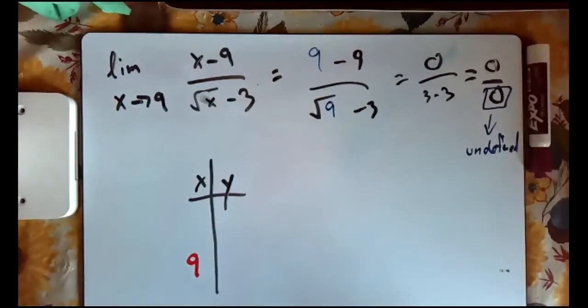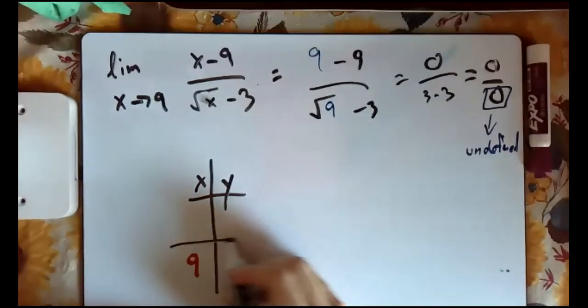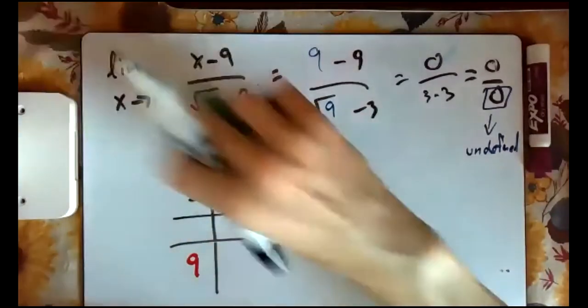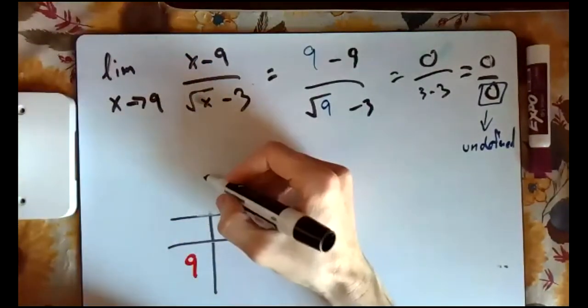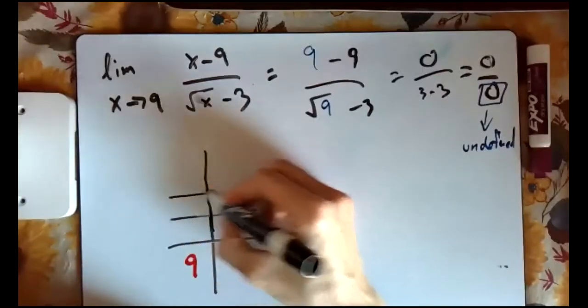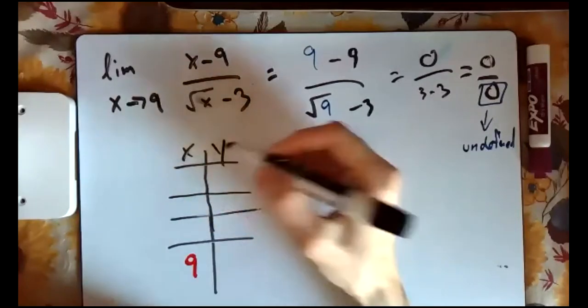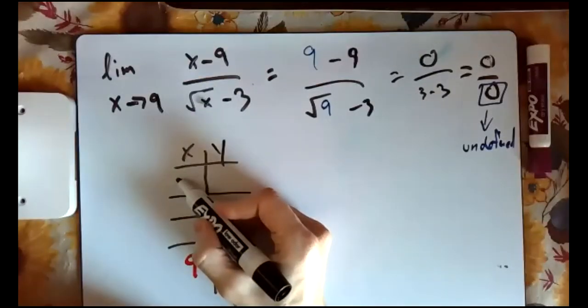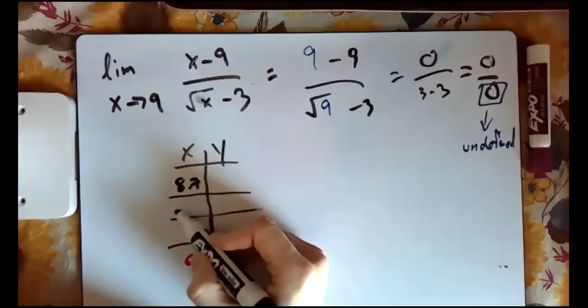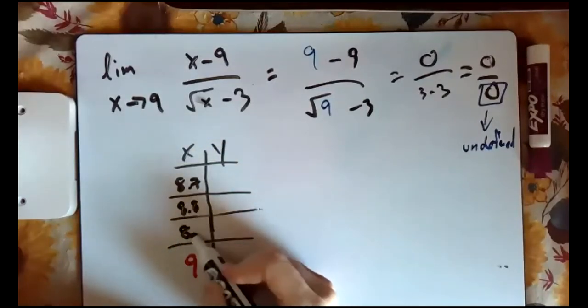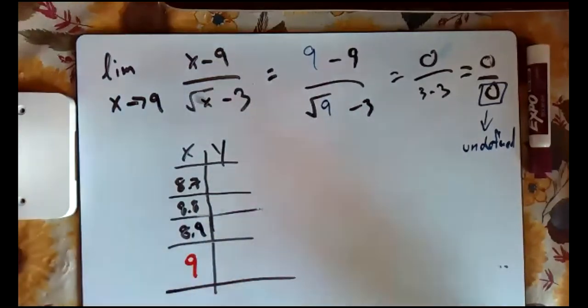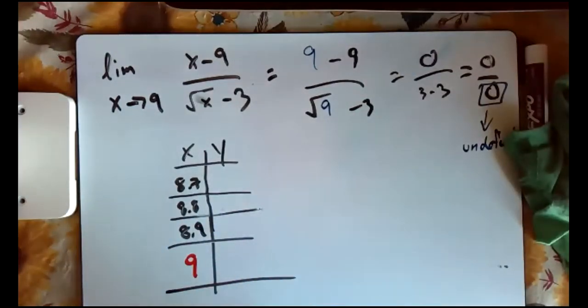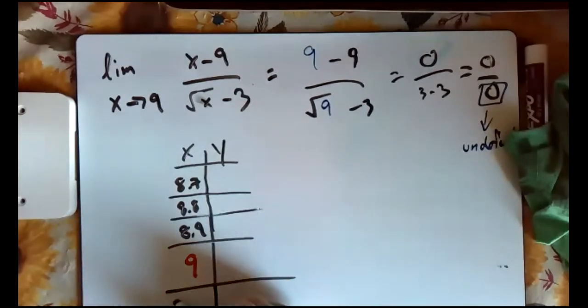So let's say, for example, I'm going to test 8.7, 8.8, 8.9, values slightly smaller than 9. And then if I want to test stuff a little larger than 9, maybe 9.01, 9.1.